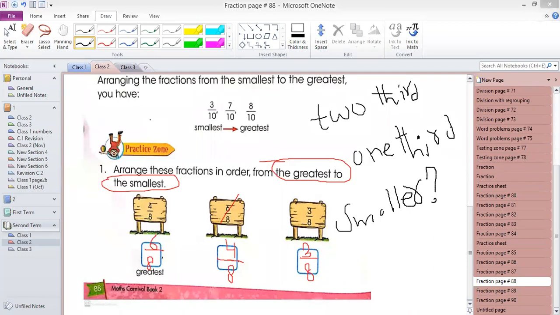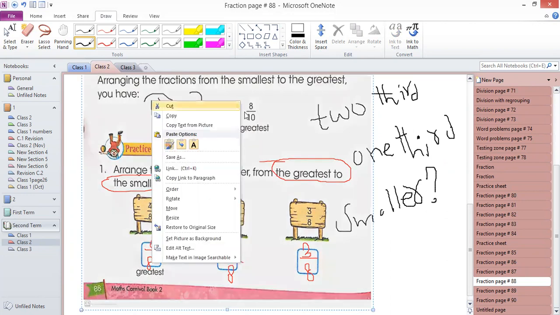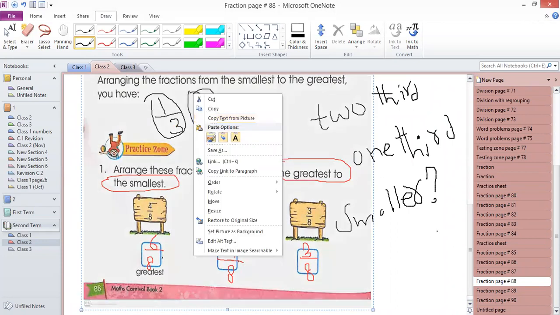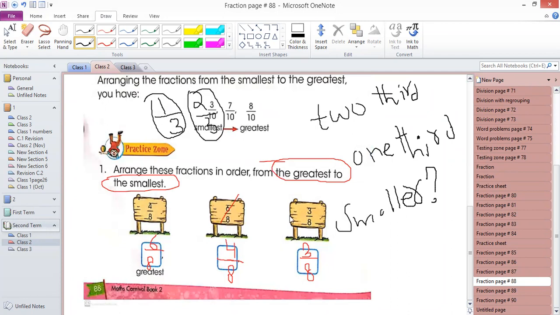Because 1 is smaller than 2. That's why 1/3 is smaller than 2/3. Okay. That's very good.